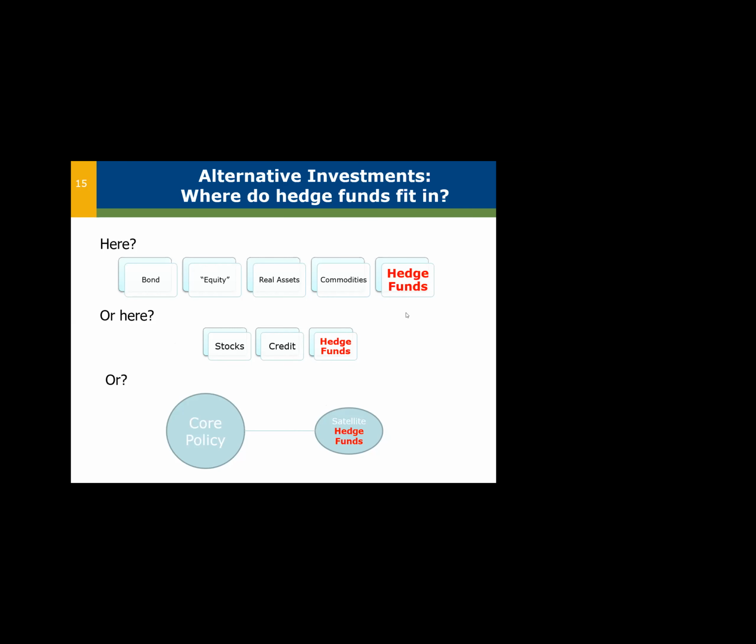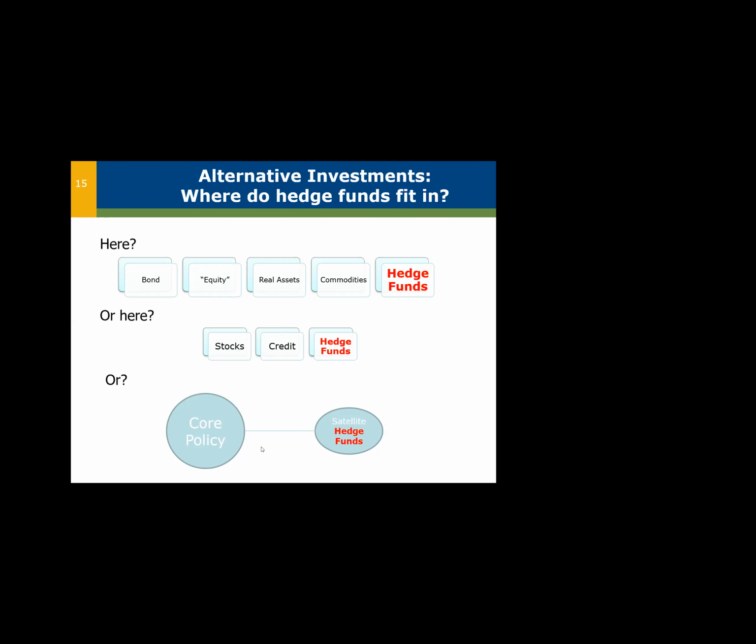So then the question is, where should hedge funds belong? Do they belong at an asset class level? In other words, if you have an allocation to equities, should you have, at the same level, an allocation to hedge funds? Or do you view it as a sub asset class of something else?